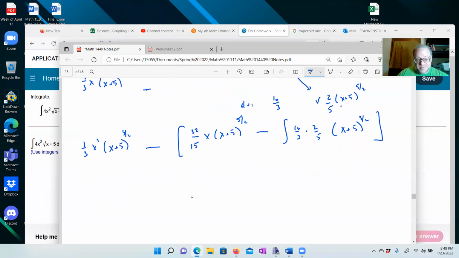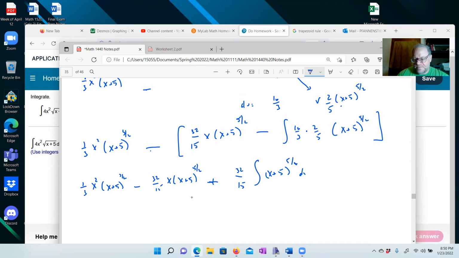So we're going to have 1/3 x squared times (x plus 5) to the 3/2 minus 32/15 x minus 5 to the 5/2 minus, oh, sorry, minus times a minus is a plus. Okay, 16 times 2, 32, 3 times 5 is 15. Okay, and now we just have to integrate (x plus 5) to the 5/2. Okay, that's not so bad.